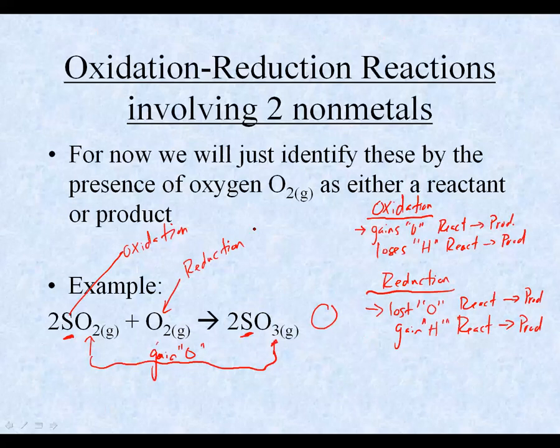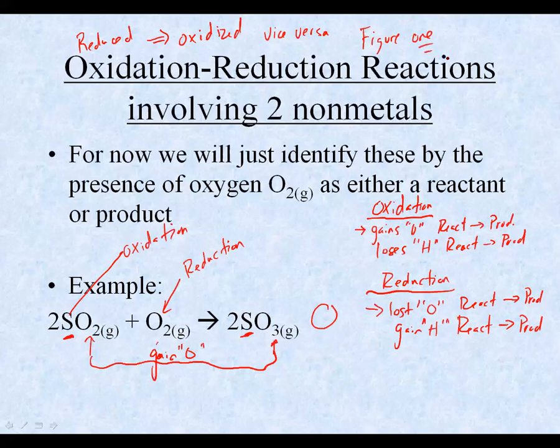By the way, those things do go together always. So if there is something that gets oxidized, there is something that gets reduced. So those things are always tied together. So if something gets reduced, there should be something getting oxidized, and vice versa. And the nice thing about that, because they always go together, is if you can just figure out one, you'll know what happens to both of them.